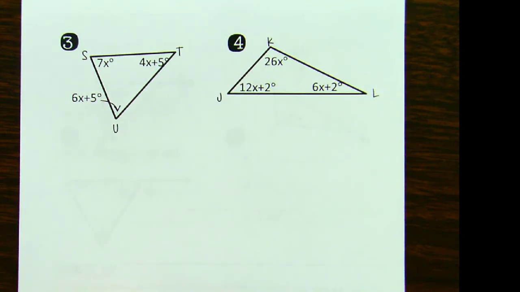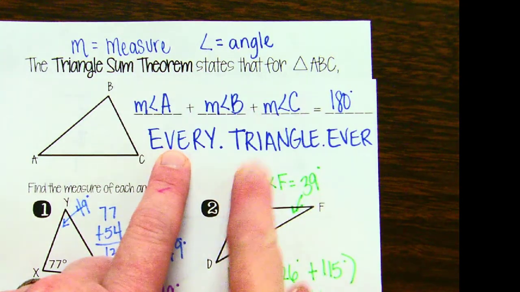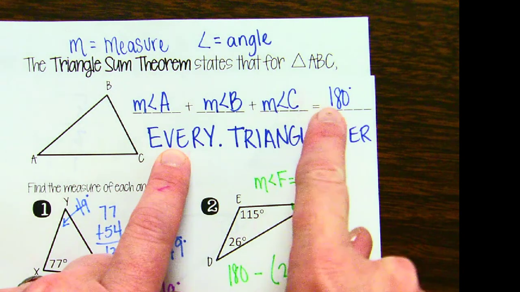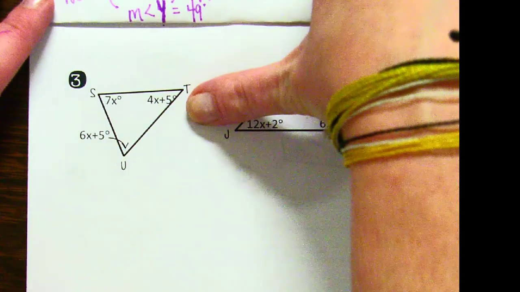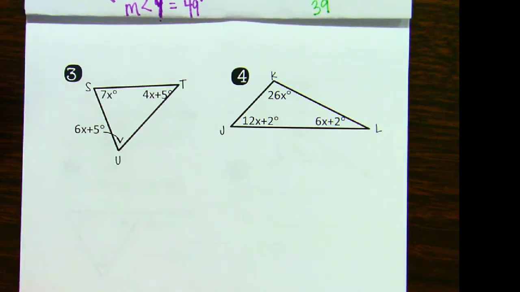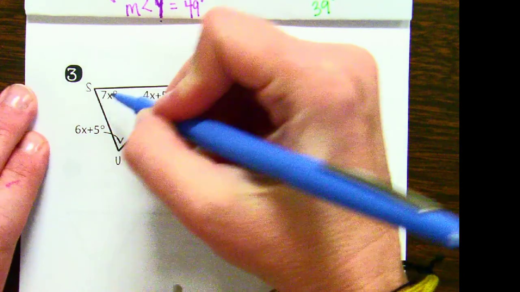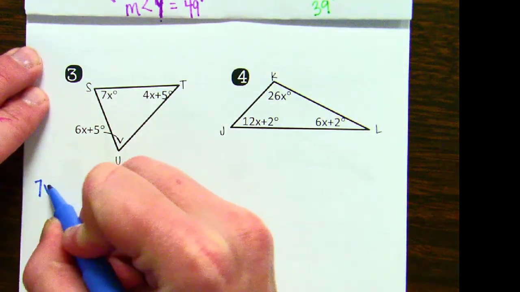Number 3 gets a little more complicated because it's throwing in some algebra with it. But we still know that in every triangle ever, we have a sum of 180 degrees between those 3 angles. I'm going to use that to my advantage. So angle S is 7x.